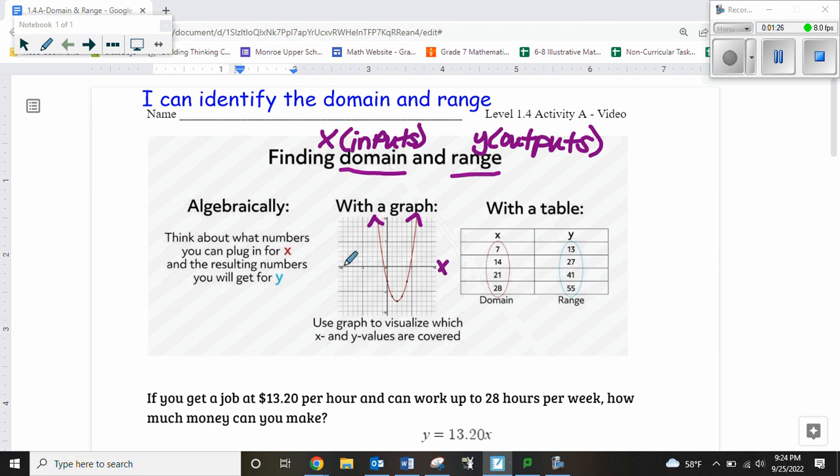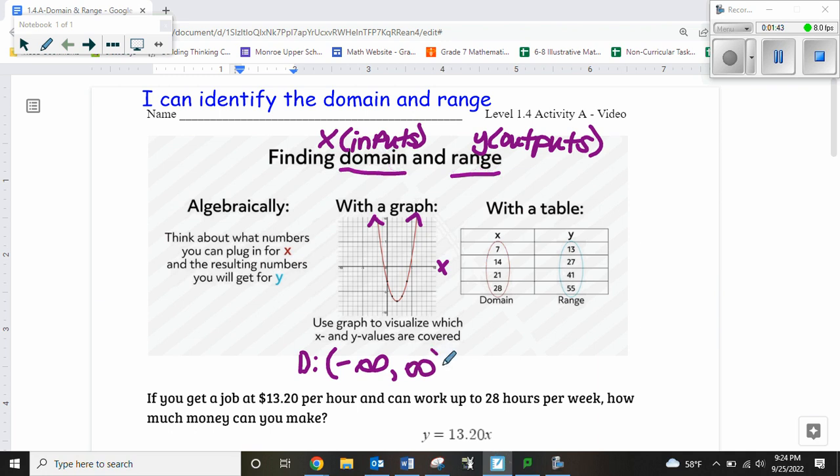It goes right to left. So this is going to keep going left, left, left, more and more as it goes up, and same on this side. So for this situation, we would say that our domain is negative infinity to infinity.